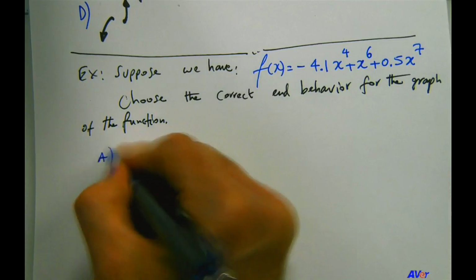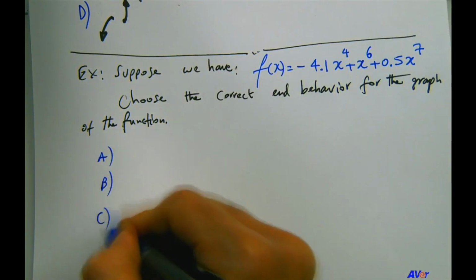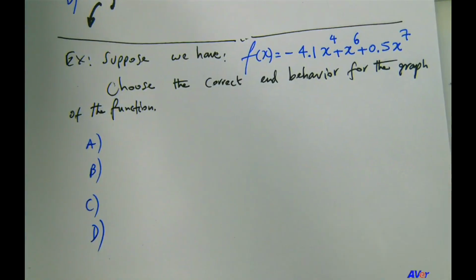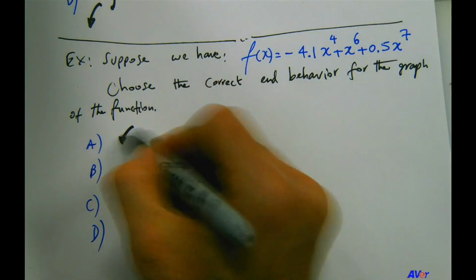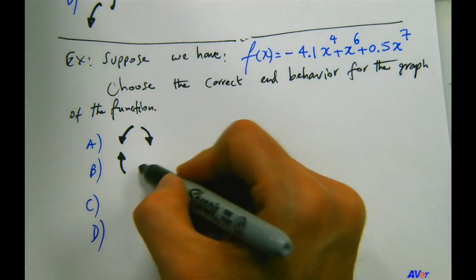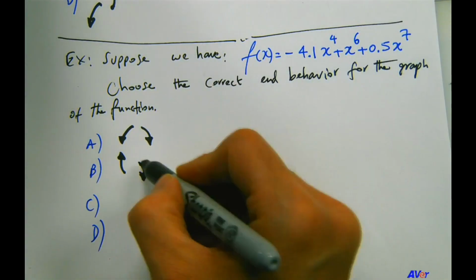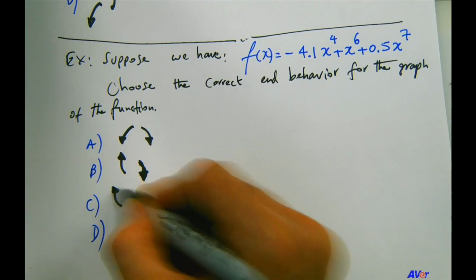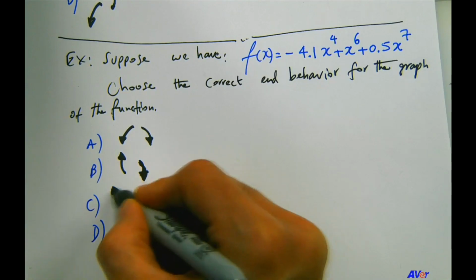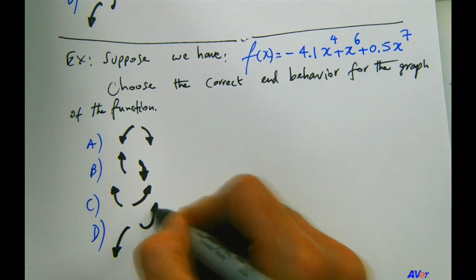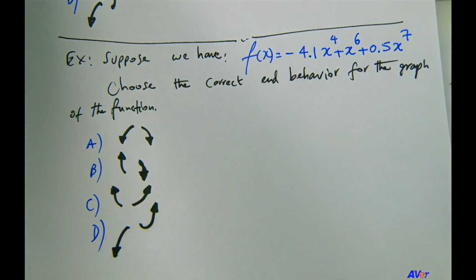So we say A, B, C, and D. Let's say A is looking like this, B is looking like this, right? Arrows pointing in the opposite direction. C, let's say it's doing that. Arrows are pointing in the same direction again. And D, the endpoints are doing that, pointing in the opposite direction again.